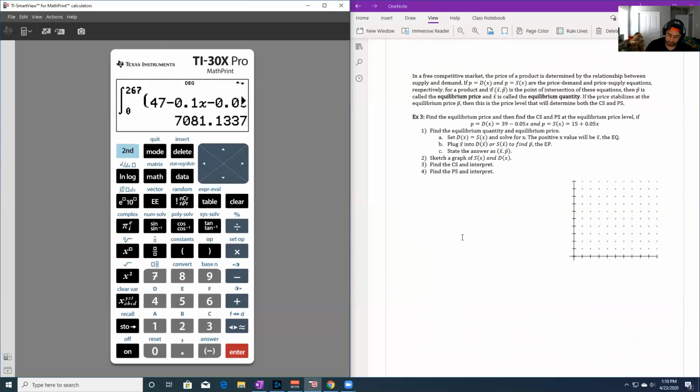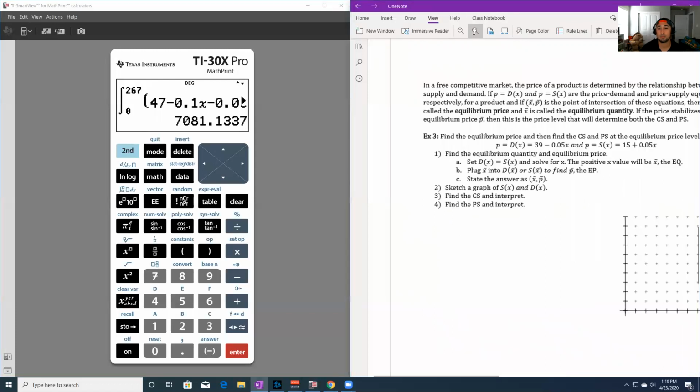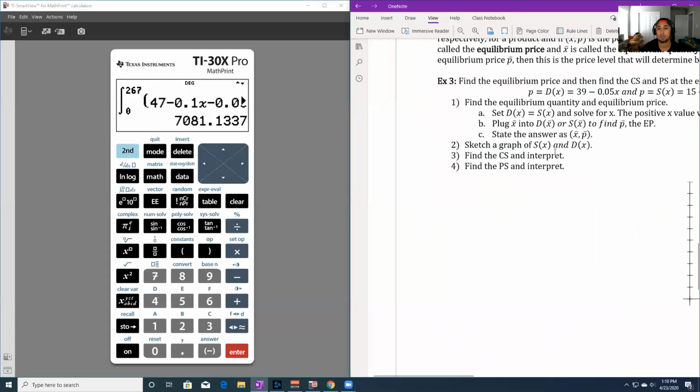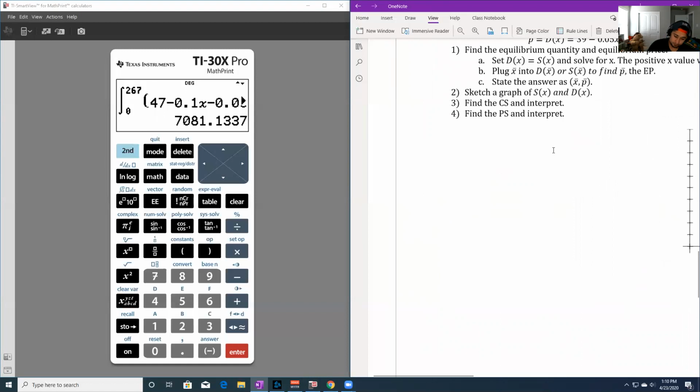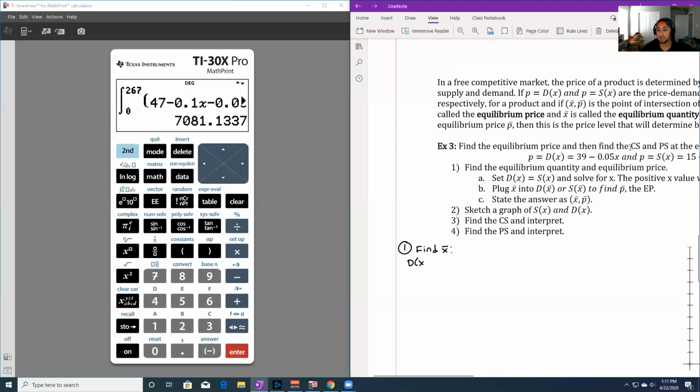All right, we're going to say find X bar. So to find X bar, you take D of X and set it equal to S of X. All right, what's D of X?